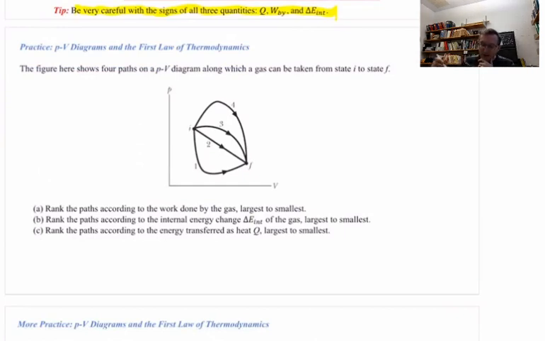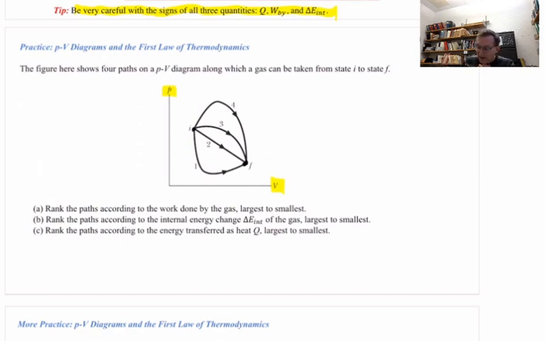So here's our first practice with PV diagrams and the first law of thermodynamics. You can see we've got a PV diagram, pressure versus volume. We've got a starting point labeled I and an ending point labeled F. And we're going to do different experiments represented by different PV diagrams. There's the first one below.